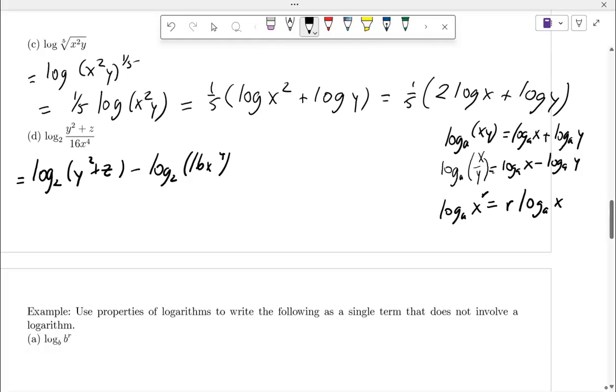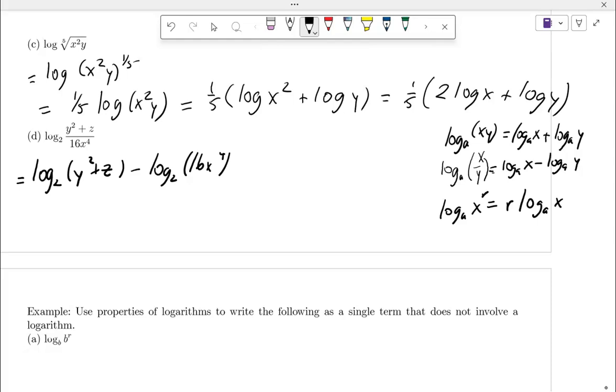Even though it's tempting to take that log and put it here, I can't do it. This is stuff. This is as good as it gets. Okay? Please don't do anything with this. When there's a plus or a minus on the inside, you can't do anything with it. It just is what it is. It's as good as it gets.